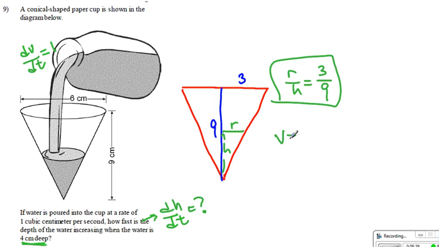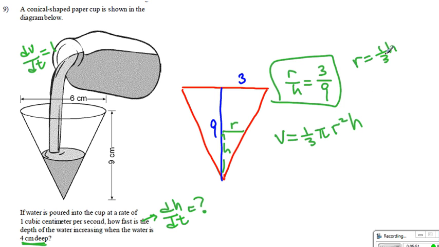Since the volume is equal to 1/3 pi r squared h, and in this case what we're looking at is h, we can solve this one for r. Then we get to realize that r is equal to 1/3 h.